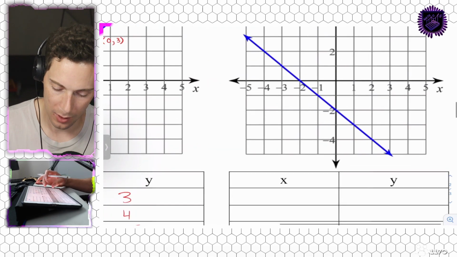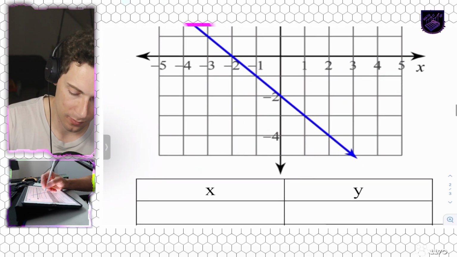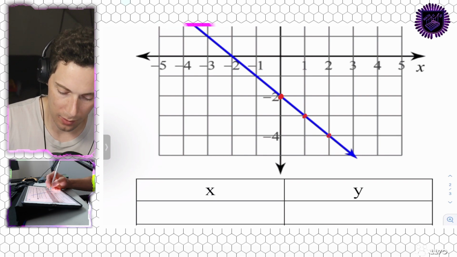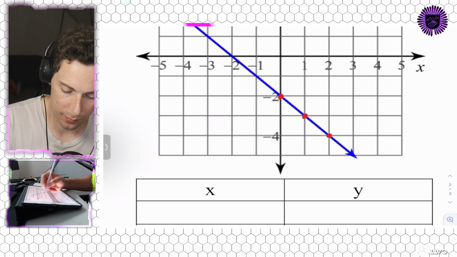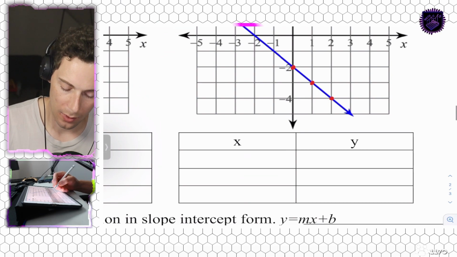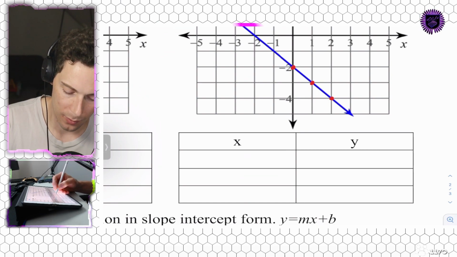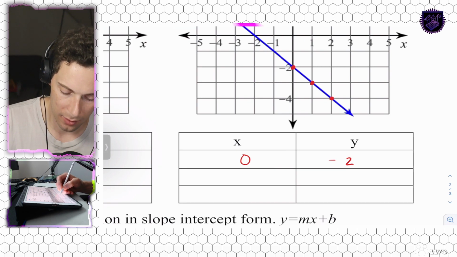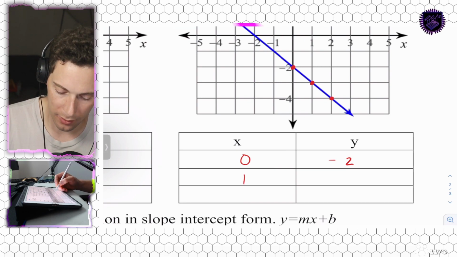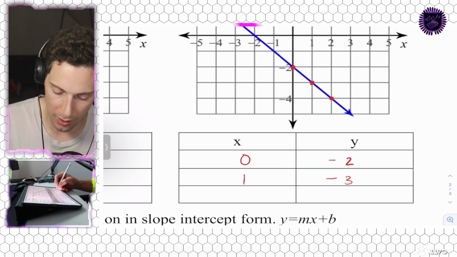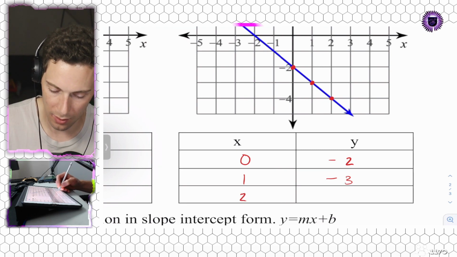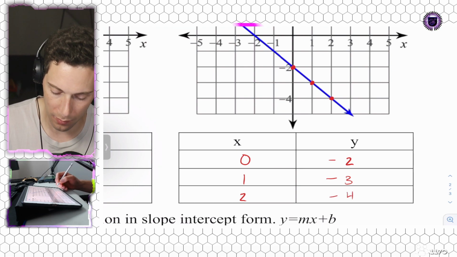Okay. So this next one, let's go right here, here, and here. So we'll go 0 x, -2 y. Then we have 1 x and -3 y. And then we have 2 x and -4 y.